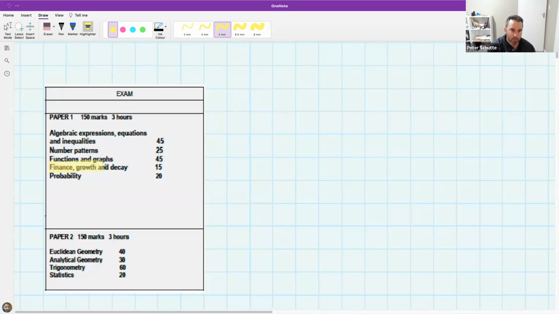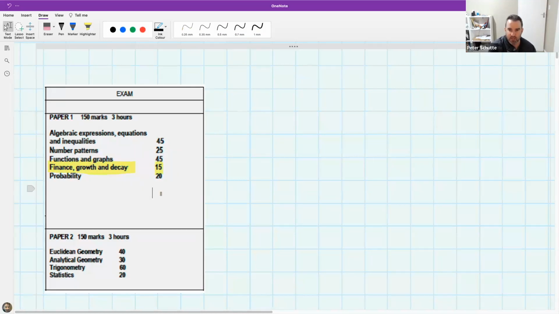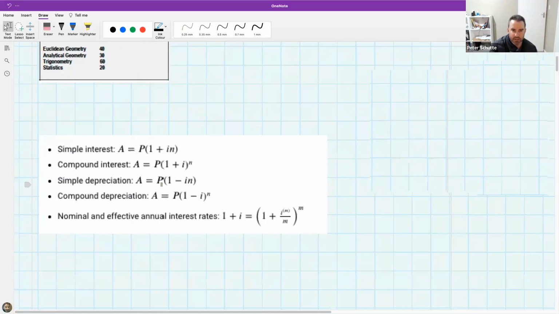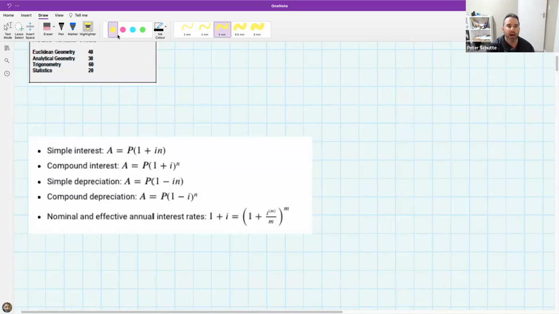Finance is in paper number 1, and it's generally worth 15 out of 150, or about 10% of paper 1 is going to be based on finance. And if you look at the formulas that we need to know, so far we've covered simple interest and compound interest, and sometimes I shorten them to SI and CI.